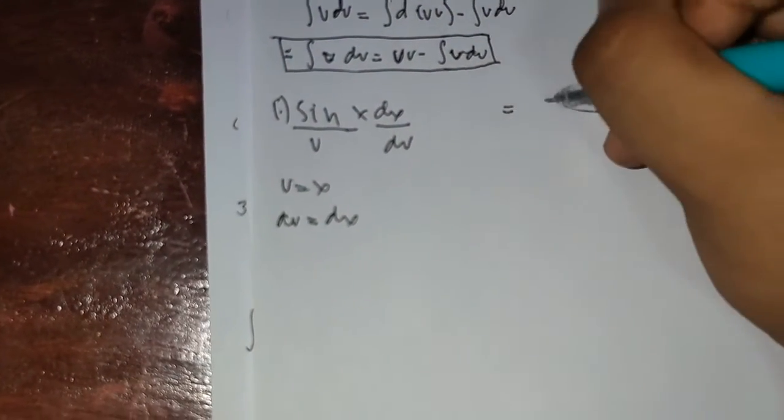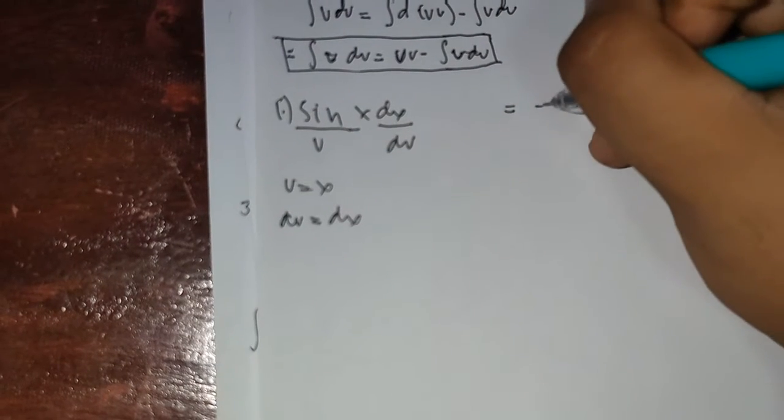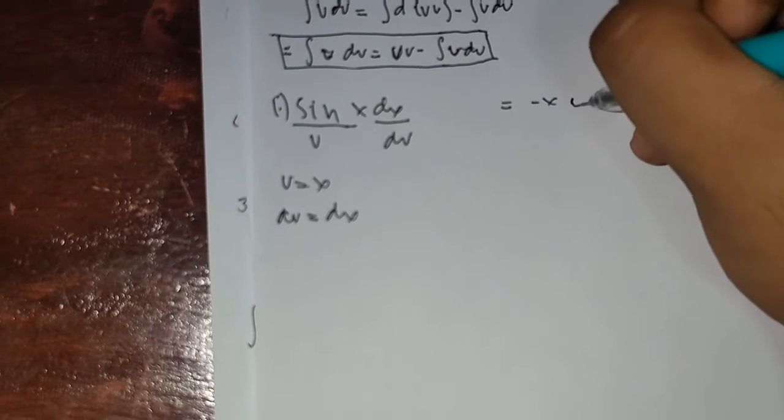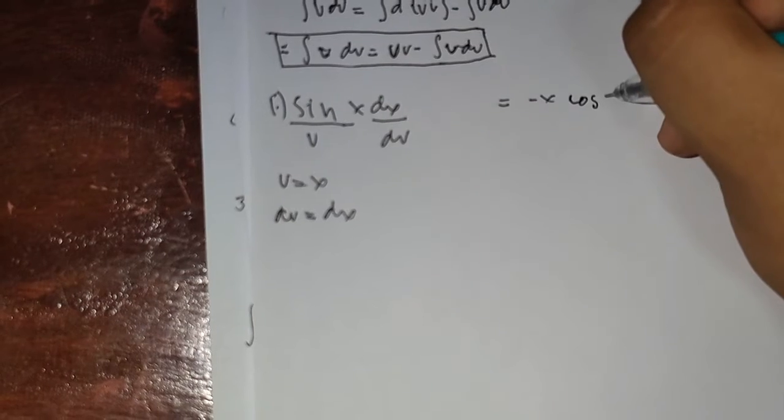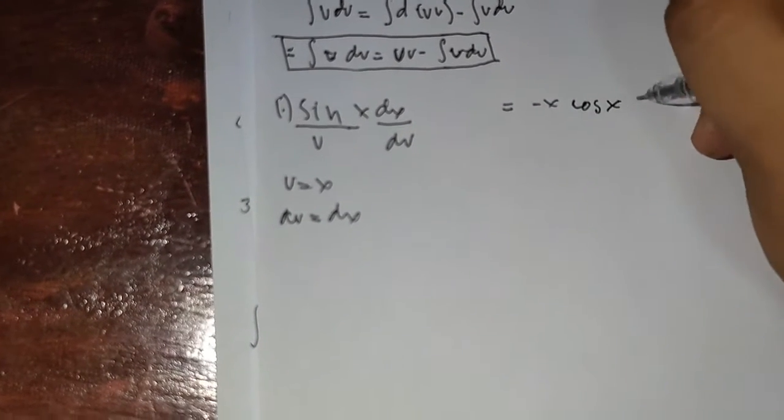Our dv is sine x, v is negative cosine x. So it equals negative x cosine x minus integral of negative cosine x dx.